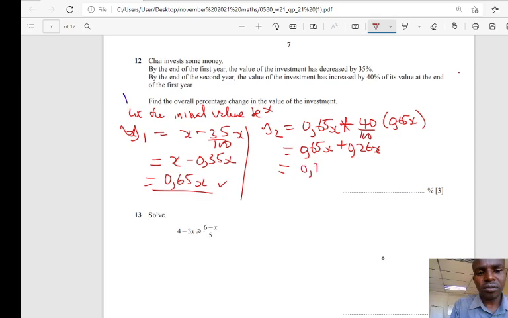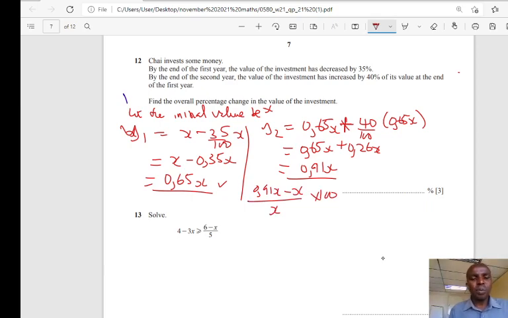So this is the value of the investment at the end of year 2. Right? So the percentage increase, you say this value 0.91x minus the initial original value, which is x, over the original, times 100. 0.91 minus 1, you get 0.09, so 0.09x over x times 100.